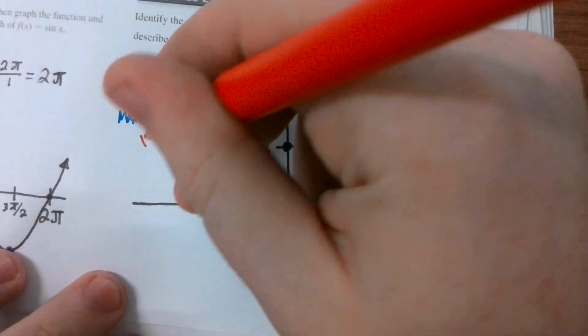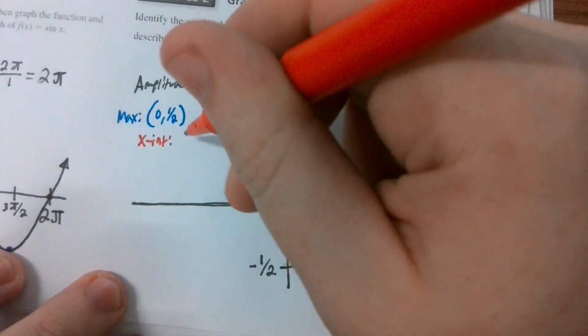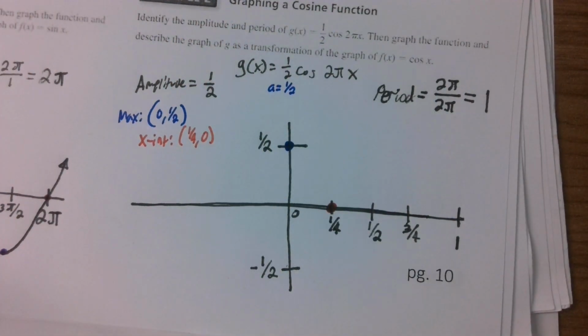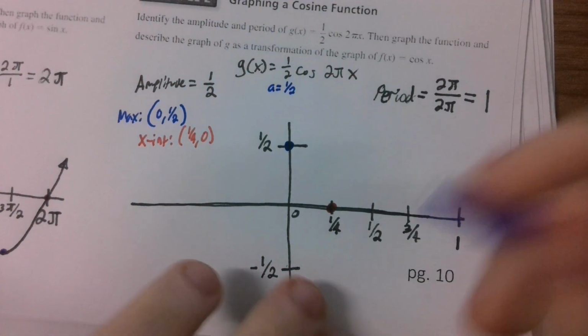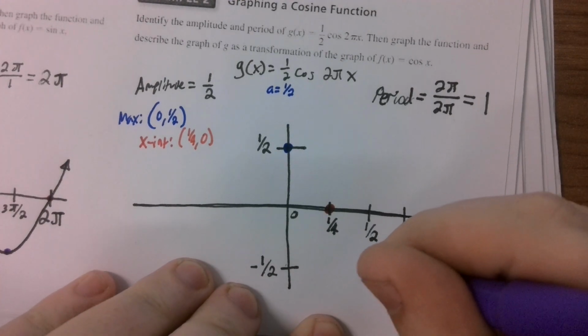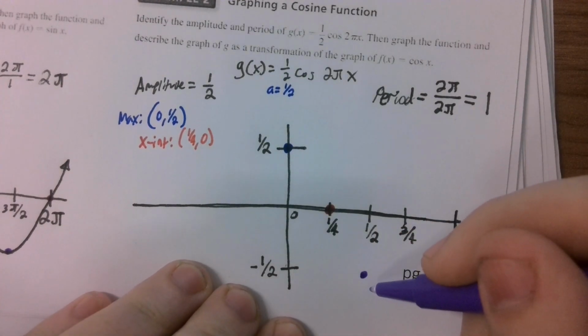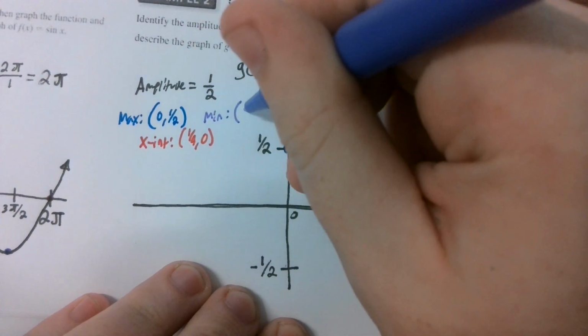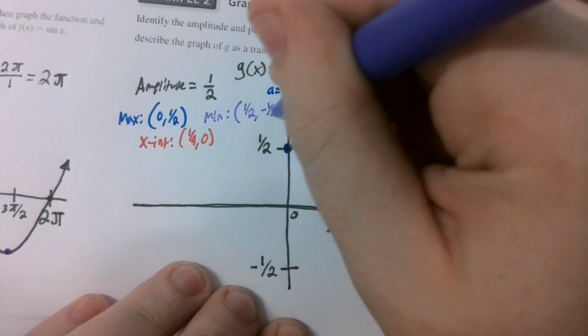That's an x-intercept of 1/4, 0. From there, we go down even further, down to negative 1/2, our negative amplitude, because that's our minimum. So our minimum is 1/2, negative 1/2.